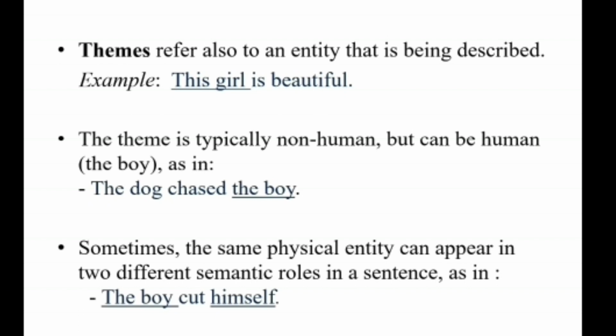So we have the boy, which is agent, and himself is the theme. More examples could be, for example, nowadays doctors are fighting coronavirus, so doctors are the agent while coronavirus is the theme. Or teachers make online courses, for example, teachers here are the agent, they are the ones who perform the action, while courses are the theme of the sentence.